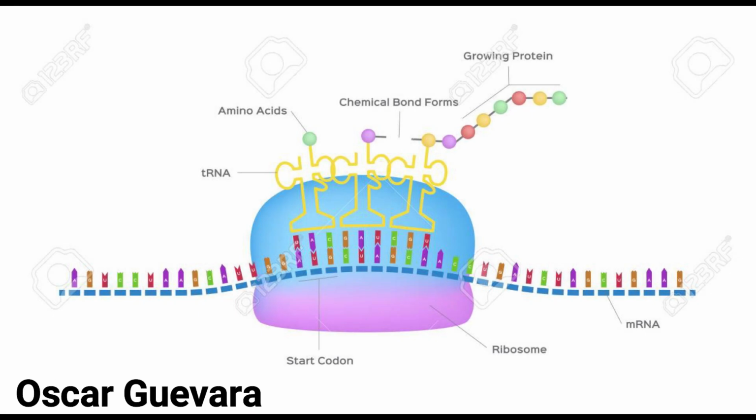Transcription. Transcription uses one of the two exposed DNA strands as a template. This strand is called the template strand. The RNA product is complementary to the template strand and is almost identical to the other DNA strand, called the non-template or coding strand.